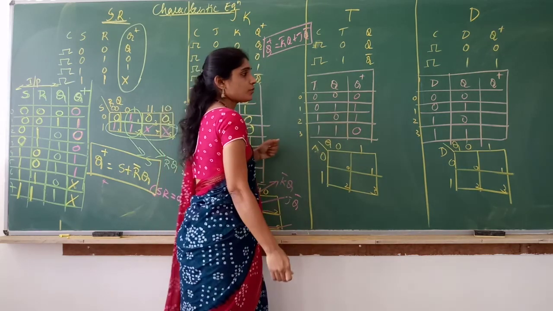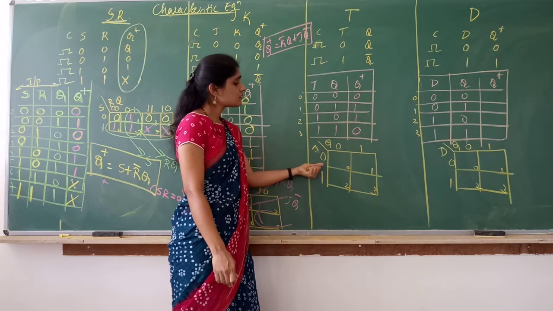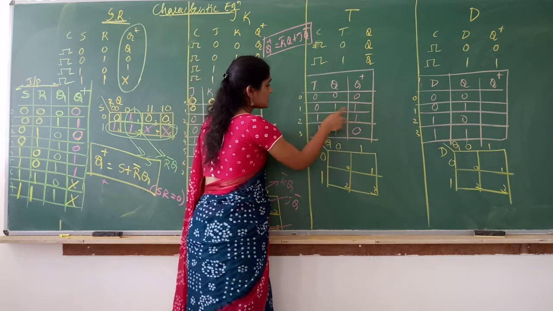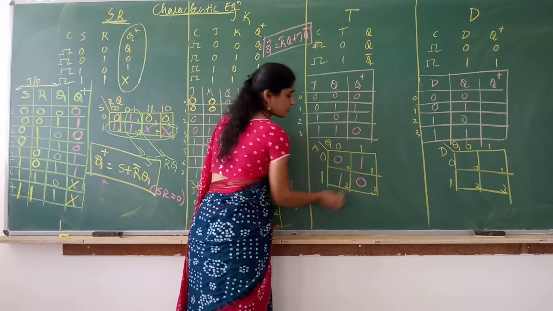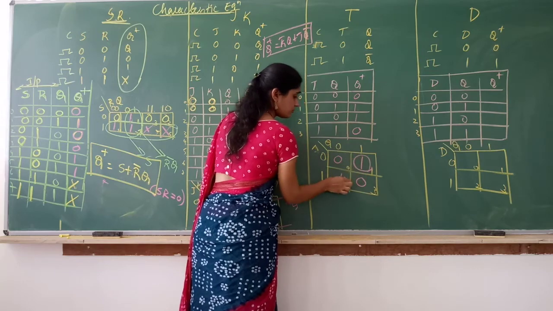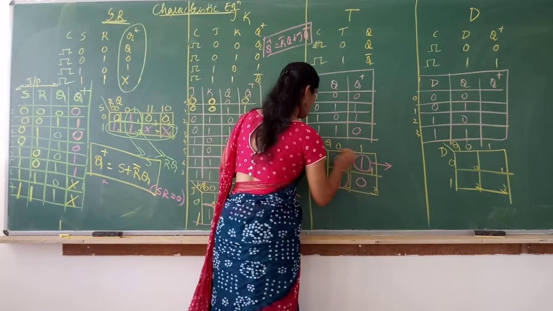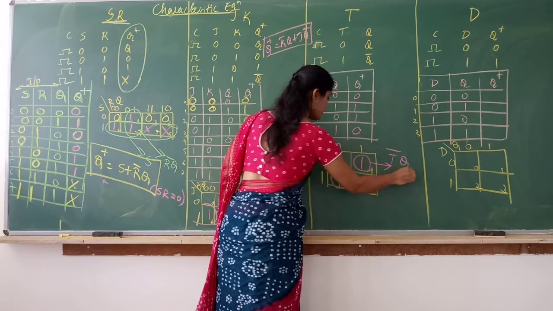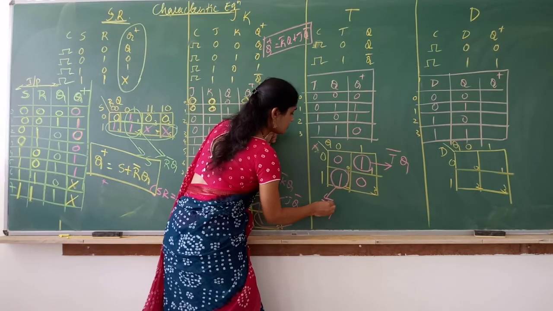You can use a 2 variable K-map, or you can even simplify by applying Boolean algebraic properties. But it is very simple, so I use a 2 variable K-map here. The min terms are 1, 2. Here it is 0, 0. So how do you group it? Alone. They are not adjacent, right? For this you get T bar Q. For this you get T Q bar, correct.